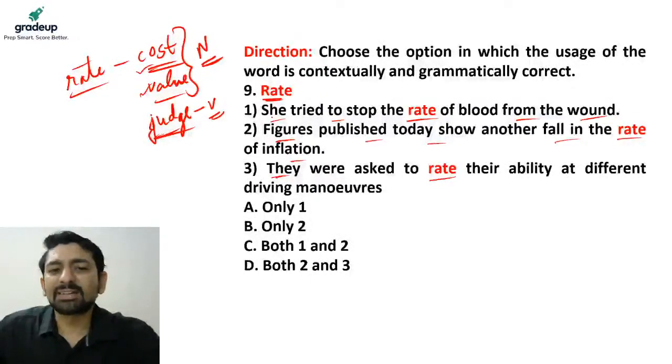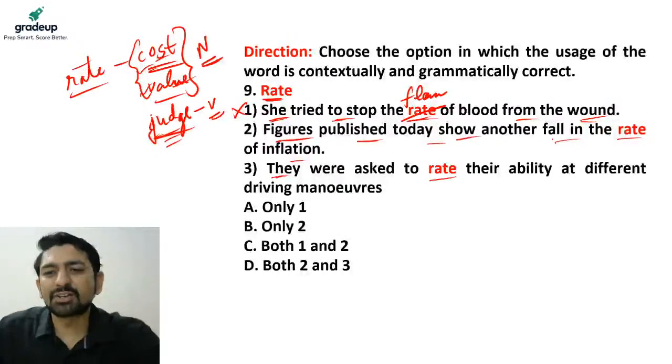So let's read the sentences. The first sentence says, she tried to stop the rate of blood from the wound. It doesn't match. Rate would neither mean cost or value, nor judge. So the first sentence is wrong according to the meaning. You cannot say rate, you could probably say flow of blood. The second says, figures published today show another fall in the rate of inflation.